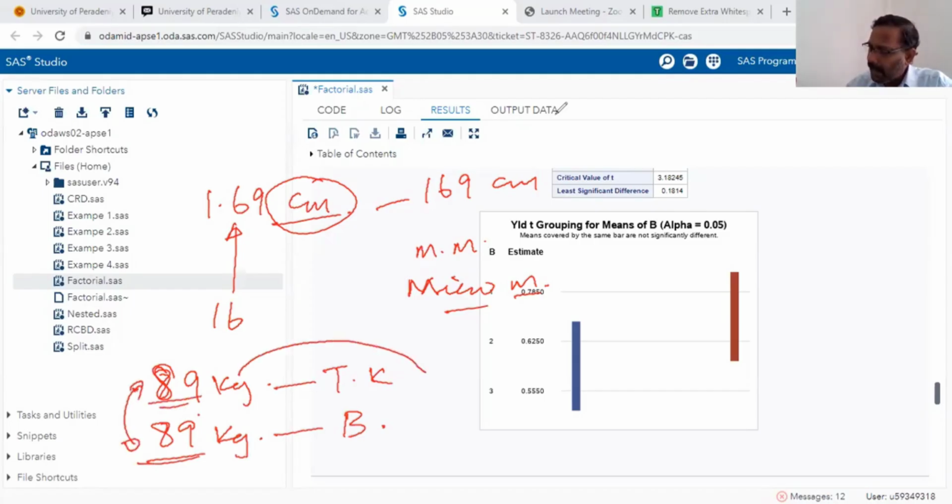If you measure the accurate weight of Thanushkumar, he may say 89.05 kilogram as an example. Maybe person B may say 89.128 kilogram. If you measure in 3 decimals, 4 decimals, we don't measure in 3-4 decimals, isn't it?